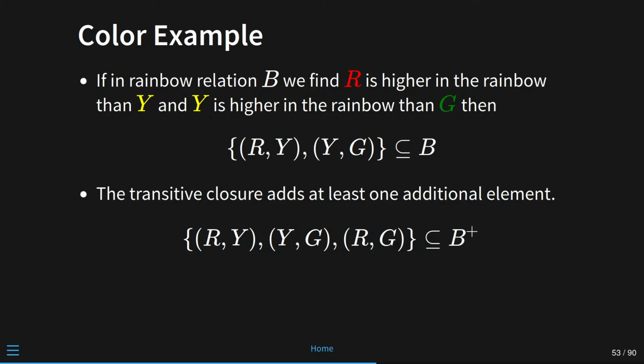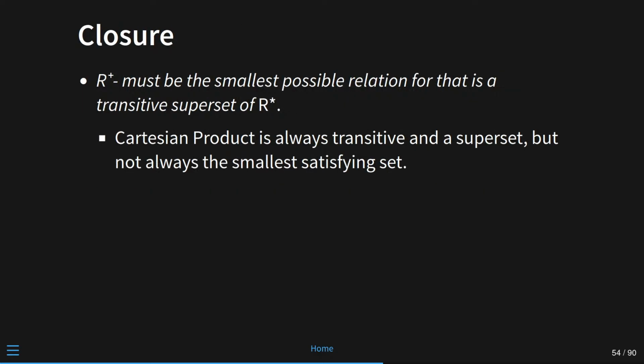Okay, so if in rainbow relation B, we find R is higher on the rainbow than Y, and Y is higher on the rainbow than G, then we have ry, yg. The transitive closure just adds rg. Easy. And then what is the last requirement? This requirement matters a lot, and it seems a little deceptive. The transitive closure must be the smallest possible relation that satisfies the transitive property.